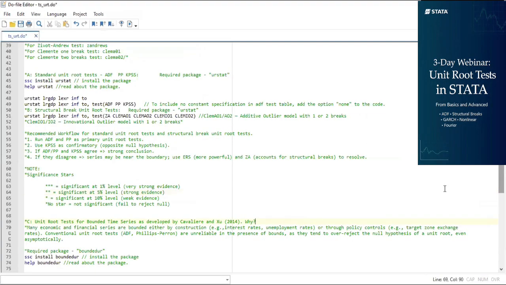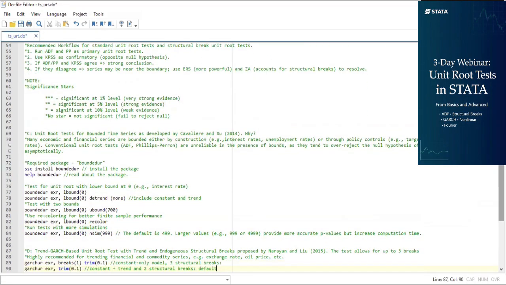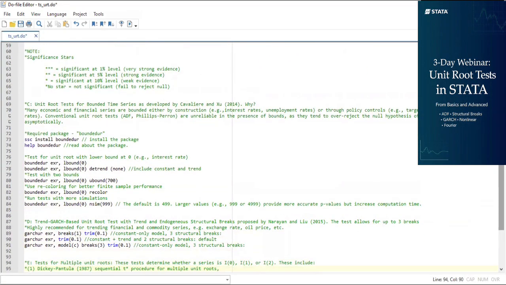So we can also look at other tests. I think we have four more minutes. Okay. So there are other tests here. We have other unit roots like the bounded unit root. There are some variables that are bounded, like interest rate. We assume the lower bound of interest rate is 0.